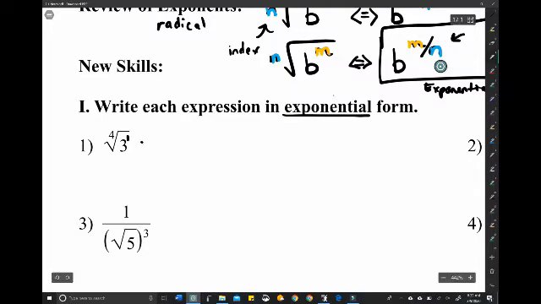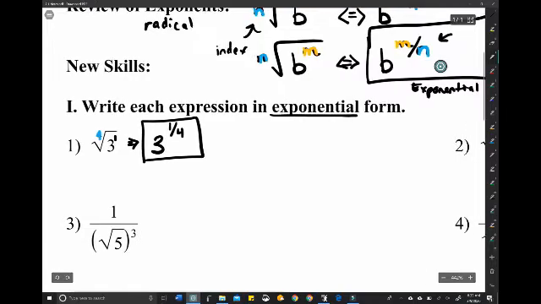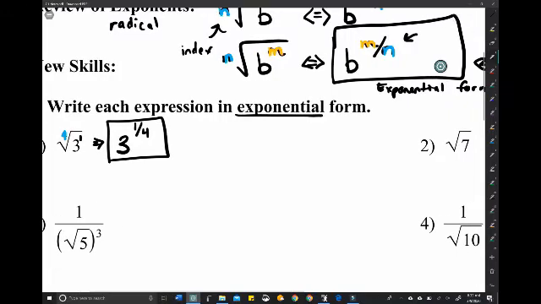It's just a 1 in there. And really, all you're going to do is, we have our index of 4. We're just going to write this as 3 to the 1 over 4. Wow. Boom. Done. You're like, wait a minute, that's too easy. That's really it. There are some curveballs coming, but that's the main idea.